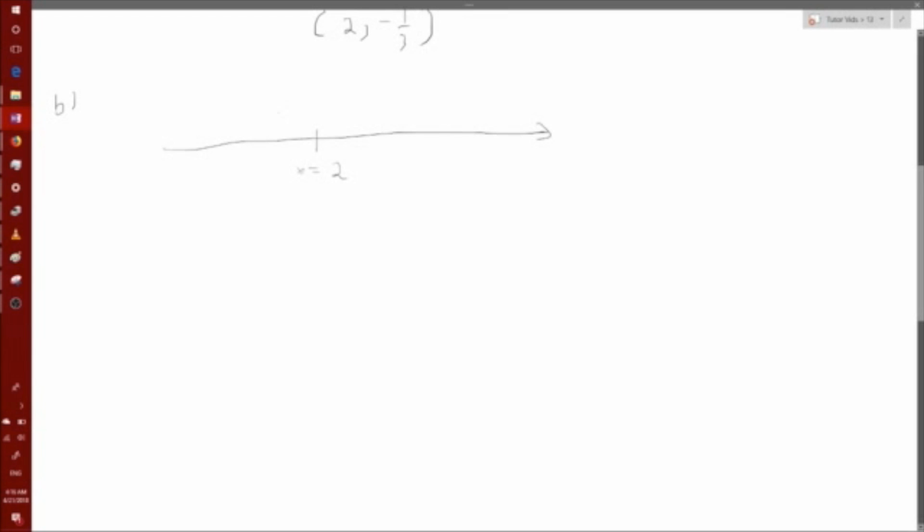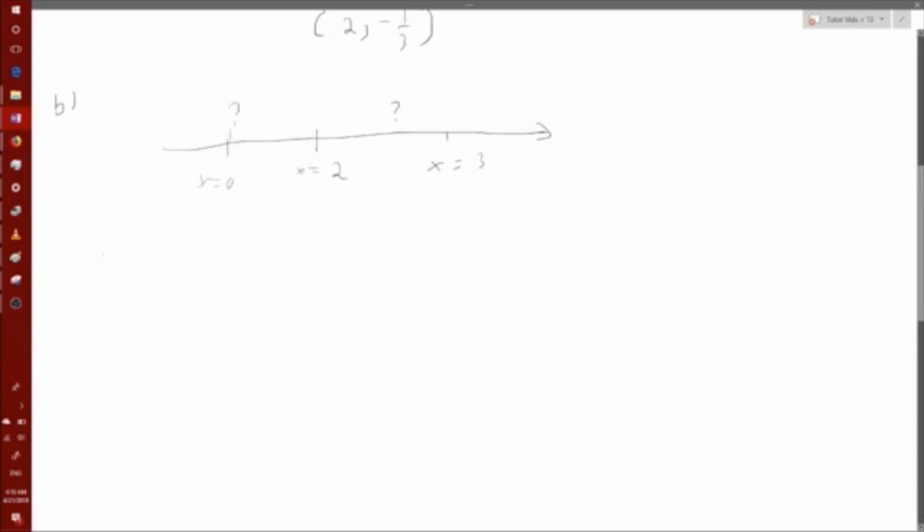So we need to find the sign of the left side and the right side. So let's pick a point on the left and a point from the right. From the left, let's pick x equal to 0. From the right, let's pick x equal to 3. It's best to pick integer numbers, so it's easier to calculate.